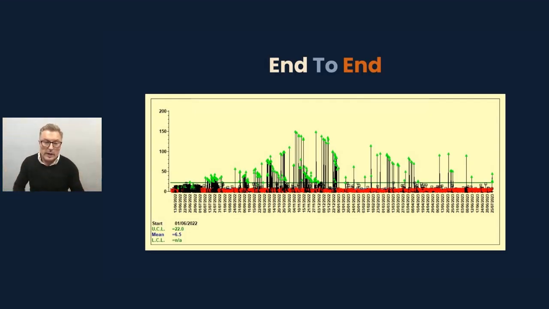And what you'll see is a graph that looks something like this. This is a control chart. And this gives us a confidence level that if somebody says to us, when will the next void be delivered? Well, as you can see, the average here is 6.5 days. But actually, the end-to-end time is 22 days or less. Not only that, because there are so many data points in this system, it's a big, massive housing association, there are lots and lots of voids that are above the line for 22 days.